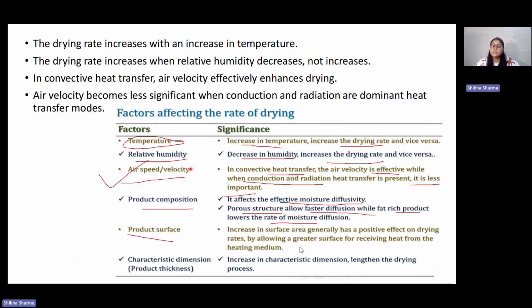Then product surface: an increase in the surface area will have a positive effect on the drying rate, because with more surface area, more heat is received from the medium, and a greater amount of moisture removal, or the drying, will be faster. And then the characteristic dimension or the thickness of the product. If the characteristic dimension or the length increases, that is, if the product is thicker, then the drying rate will be lesser.